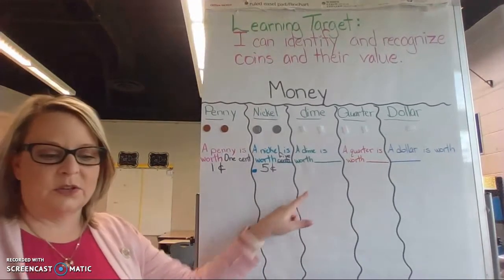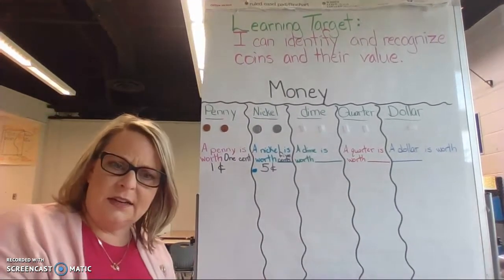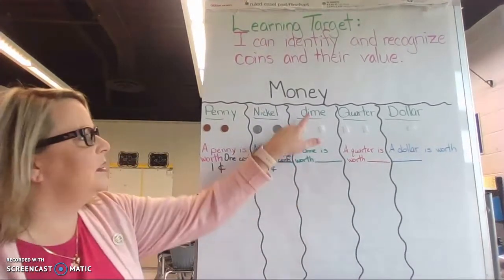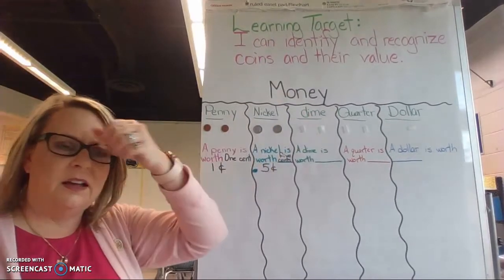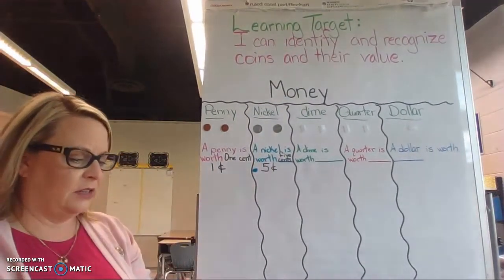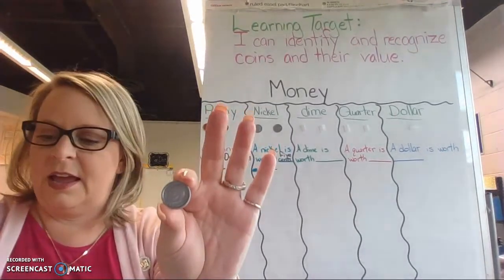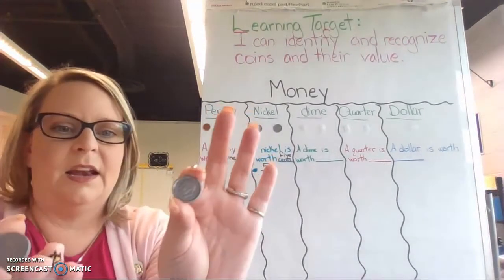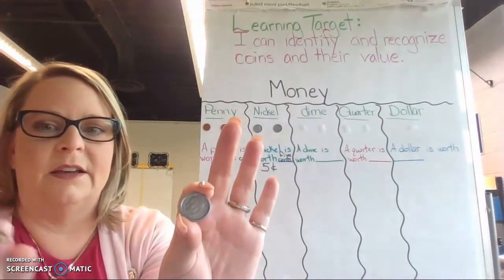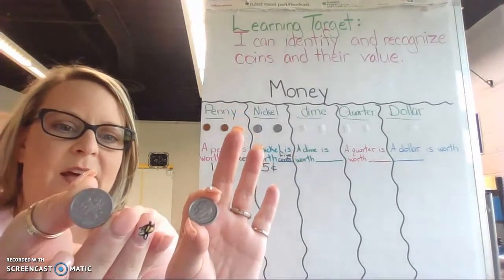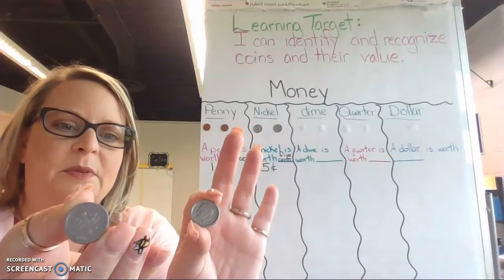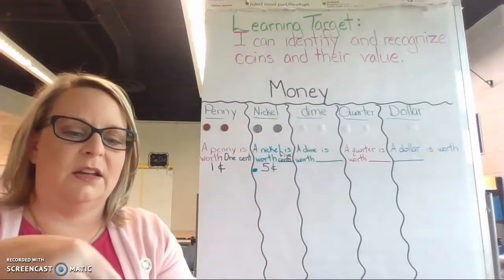Let's look at our next coin. This is a teeny tiny coin. This is a dime. Huh. And a dime also has a head side and a tail side. But the tail side doesn't have a building on a dime, does it? It does not.